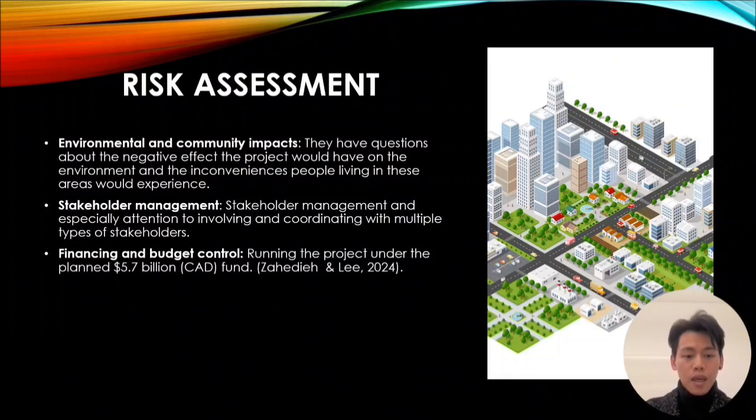And we need to manage the stakeholders, involving and coordinating both sides of the country. And we need to make sure our finance and budget are under 5.7 billion Canadian dollars.